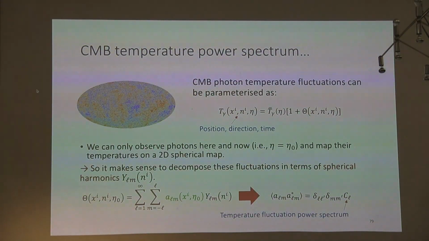So it makes sense to analyze this map by decomposing it in terms of spherical harmonics. You have this decomposition, these are the spherical harmonics, and the coefficients, the a_lm here, are essentially the temperature fluctuations. And when you construct the power spectrum of these fluctuations, essentially you're just taking ensemble averages of a_lm times a_lm star, and this C_l here is the angular CMB power spectrum.